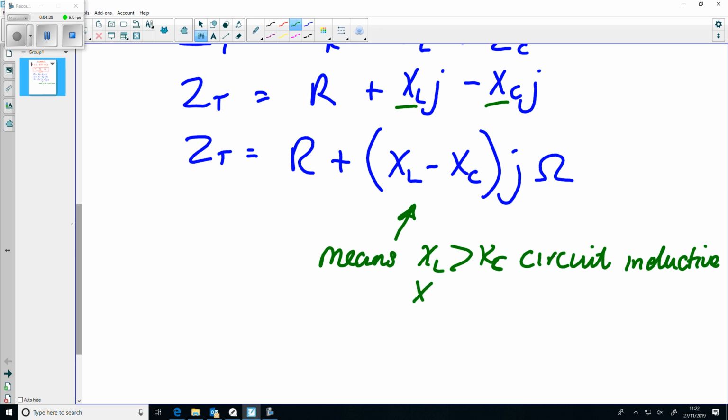If XL is less than XC, the circuit is capacitive overall, despite having inductance.